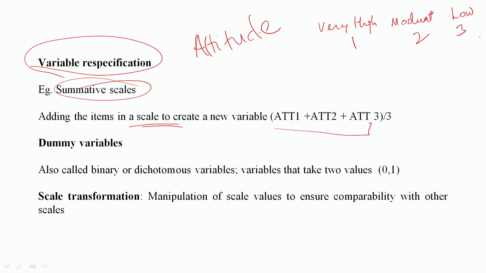Attitude towards partying, very high, moderate, low. So these are levels of measurement. Imagine that one respondent has given attitudes towards the three items we have taken. One is food, the second one is shopping, and the third one is partying.